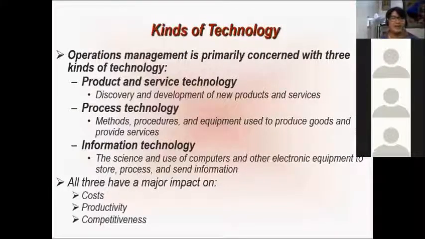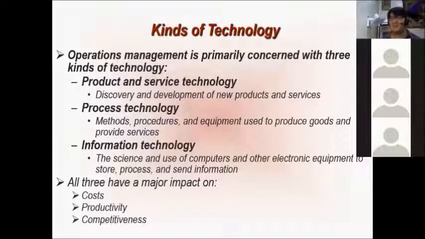There are different kinds of technology. We have products and services technology, process technology, and information technology. As future engineers, you are actually concerned with product and service technology. In product and service technology, you are the ones responsible for discovering and developing new products and services.